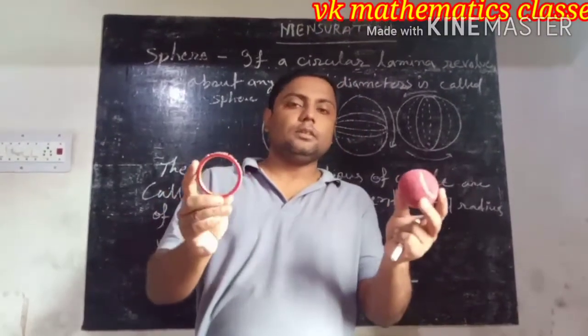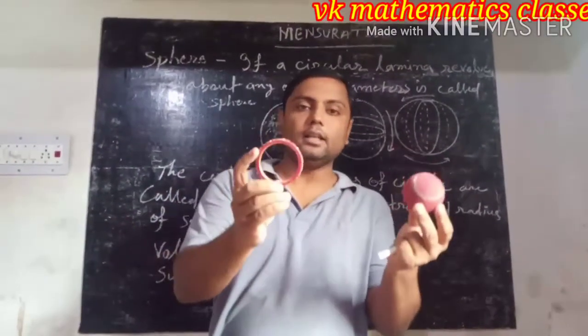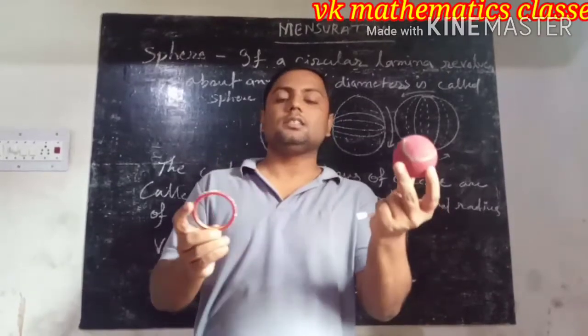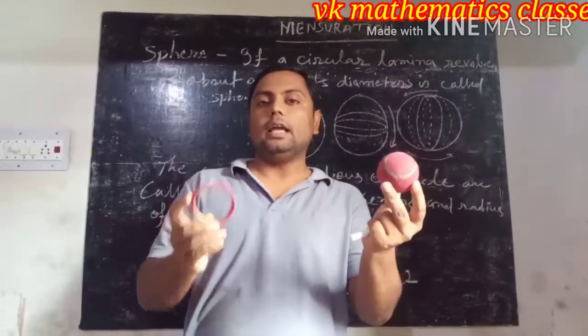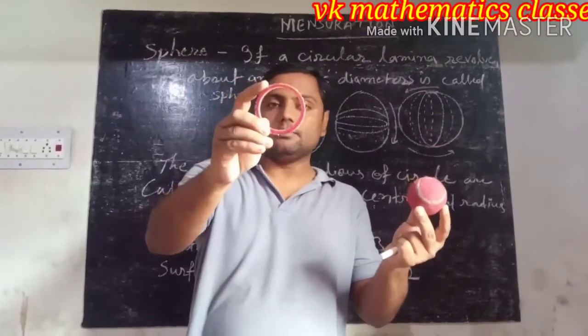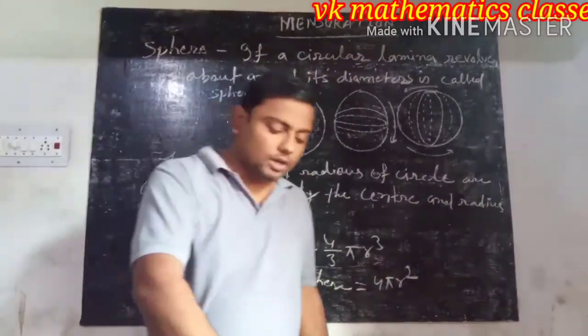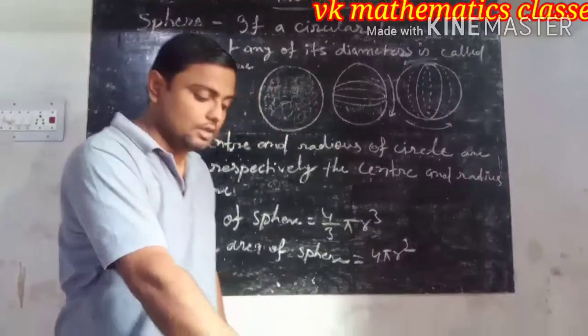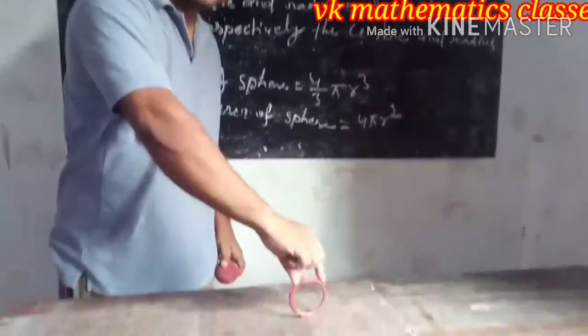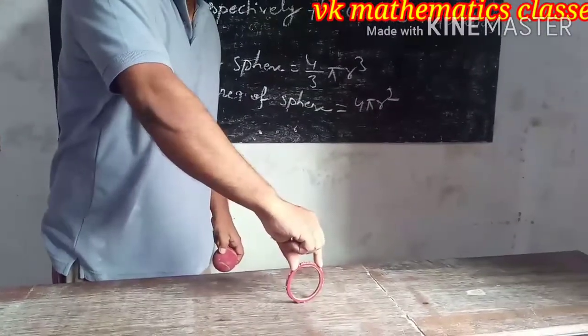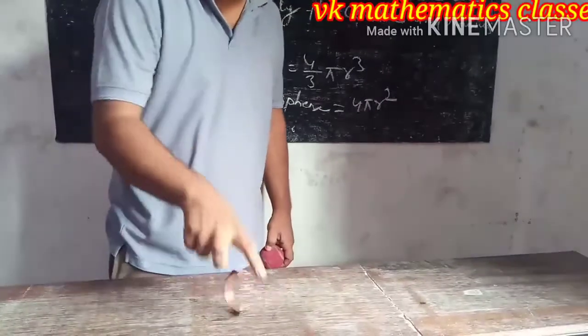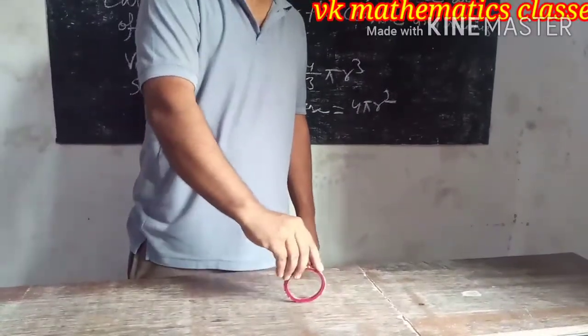The difference between them is that this is the sphere and this is the circle. If a circle, meaning the bangle, rotates about its diameter, this is the shape of a sphere.